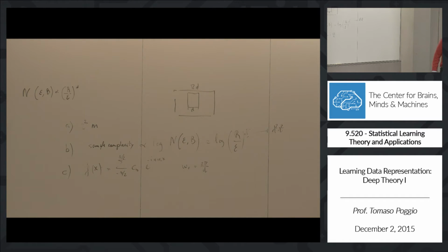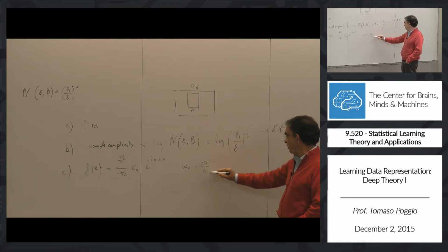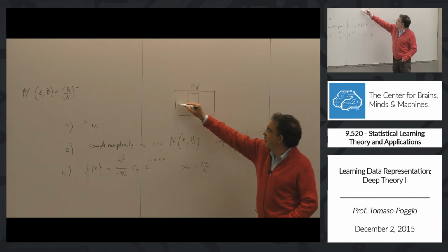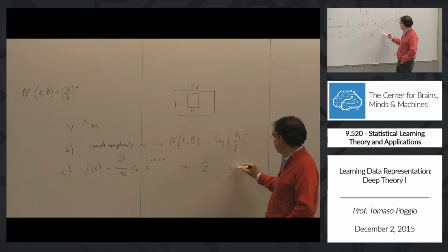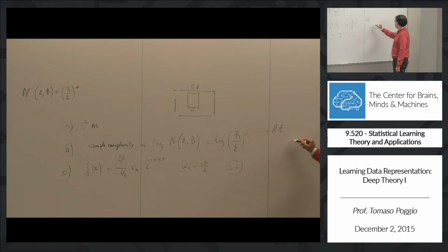And so if I go from d to r times d, the number of coefficients I need goes from n to n times r. It's like you need to represent something here with a Fourier series.